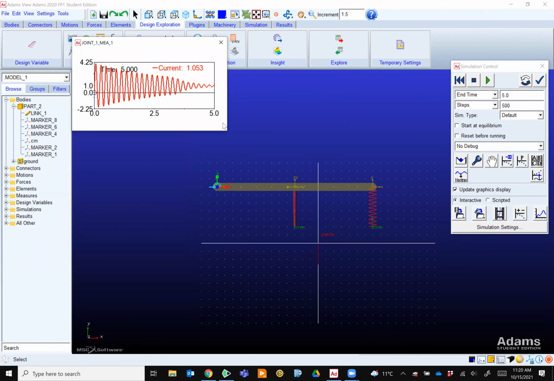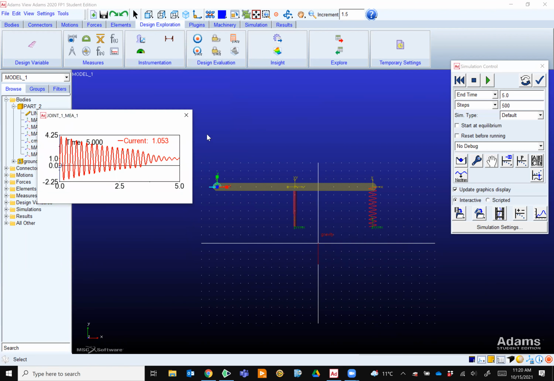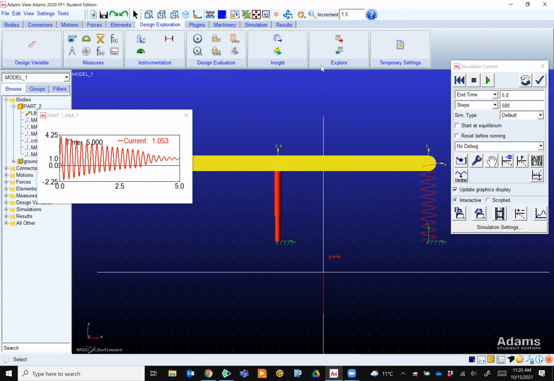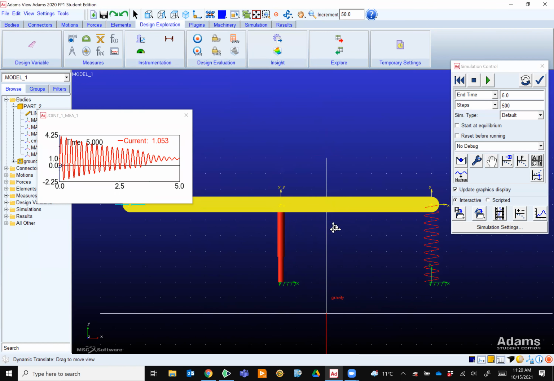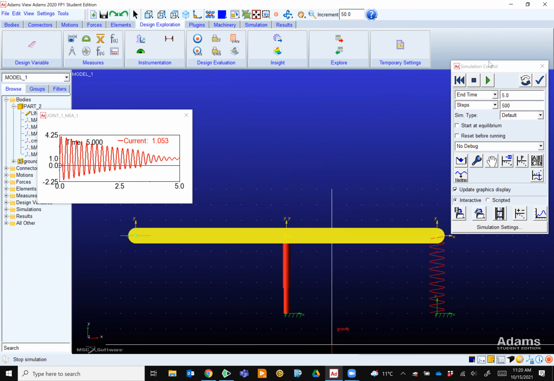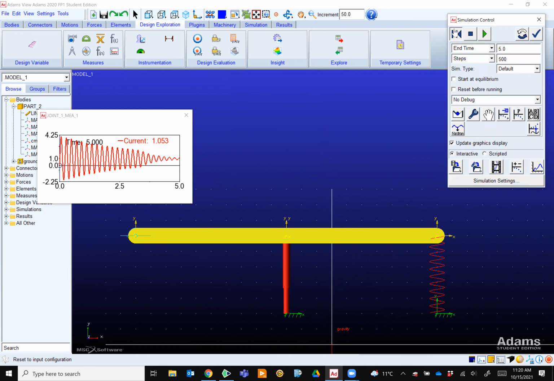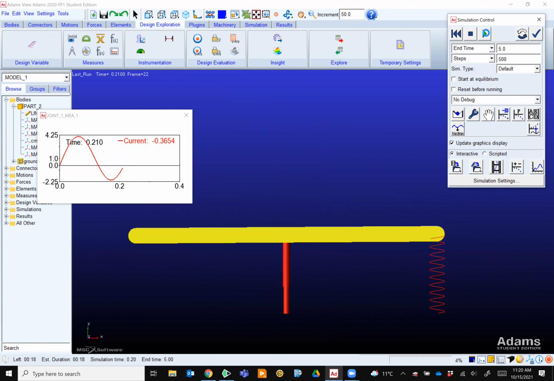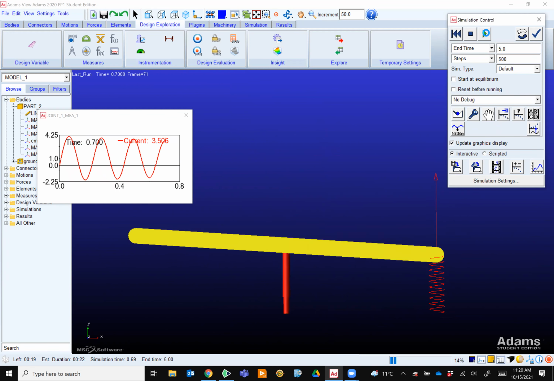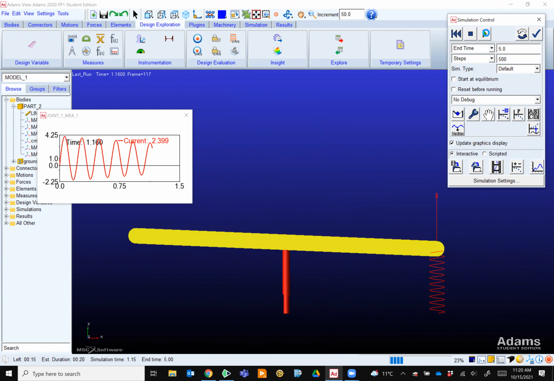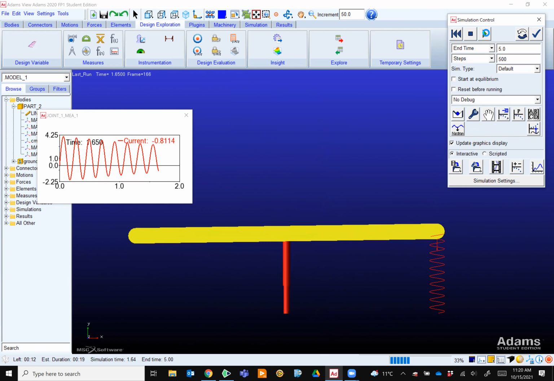Okay, yeah, it happened. Now let's run everything and see how our model is going to work when we run a simulation. Okay, so we give this initial kick, it moves up and down, right?